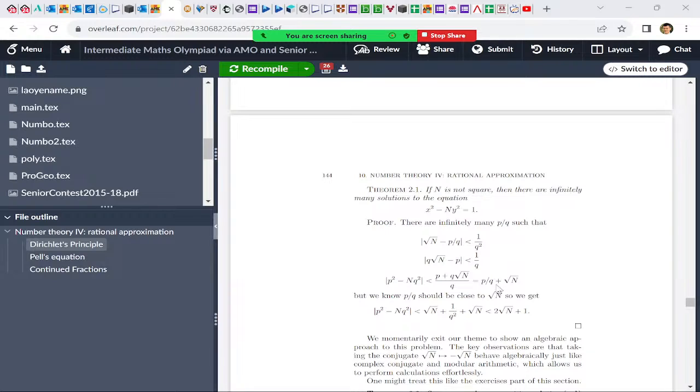The point is this is bounded, by 2 root n plus 1. There are infinitely many of them, all bounded by the same bound, and there are only finitely many integers in that range.